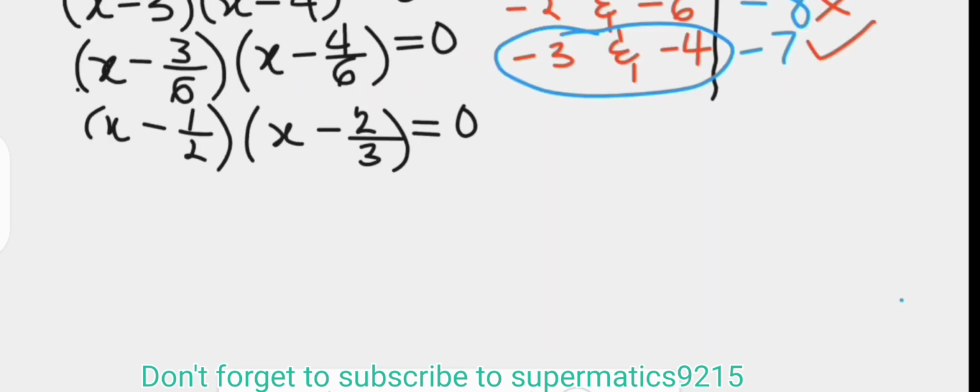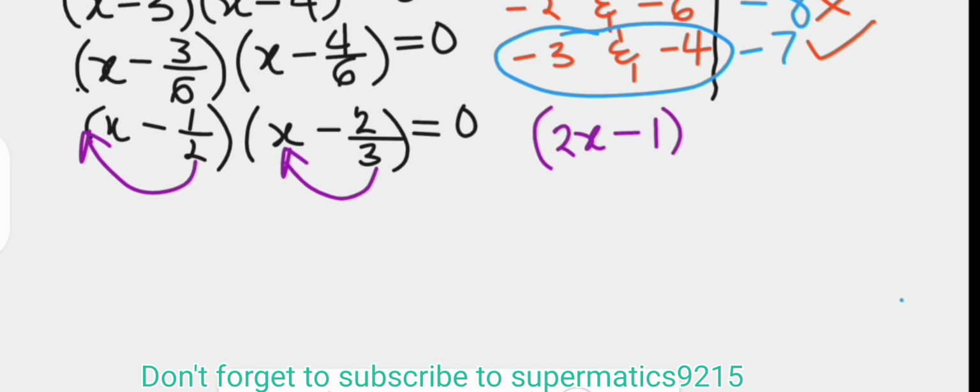Now, if it is only factoring we are to do, then the denominators must go back to the x, the first term, meaning that we will finally have 2x minus 1 and 3x minus 2. But since we are required to solve, we do not need to slide the denominators back to the leading coefficient.